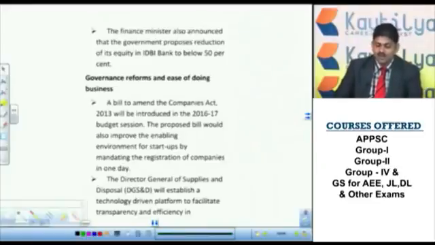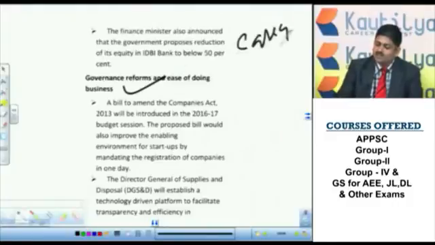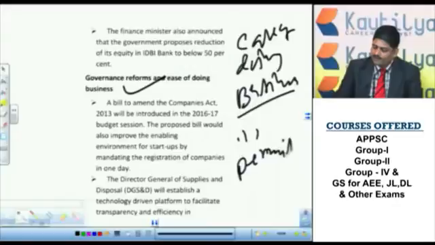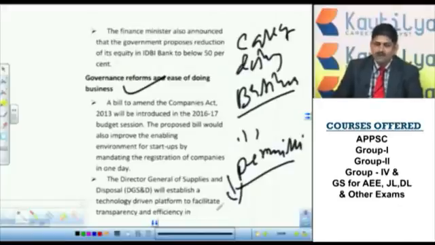Now we'll move to the next component: ease of doing business. What is ease of doing business? In India, in order to do business, a lot of permissions or licenses are required. When these provisions are more, companies will not come as easily as when the rules are not there.